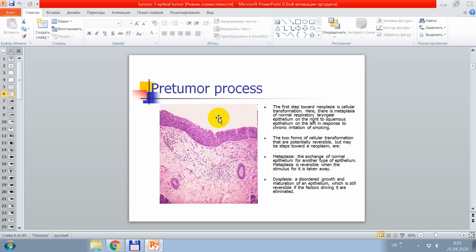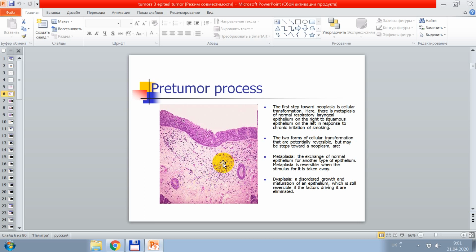This histological picture presents morphological signs of the pretumor process. The first step toward neoplasia is cellular transformation. Here there is metaplasia of normal respiratory laryngeal epithelium on the right to squamous epithelium on the left in response to the chronic irritation of smoking. The two forms of cellular transformation are potentially reversible, but may be steps toward neoplasm.